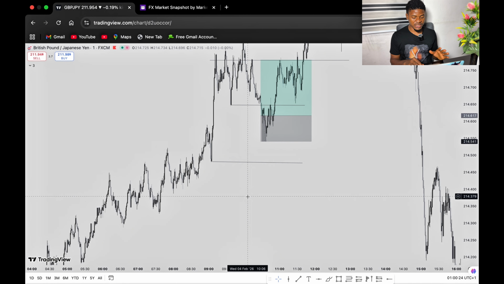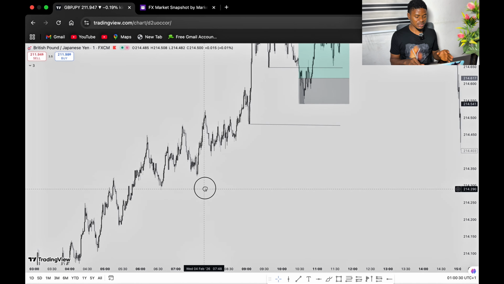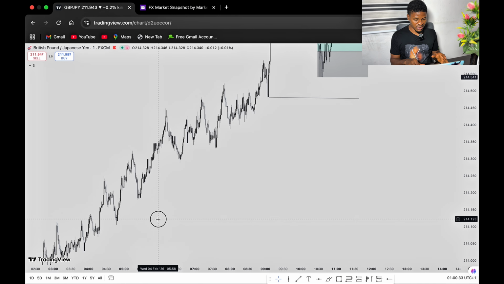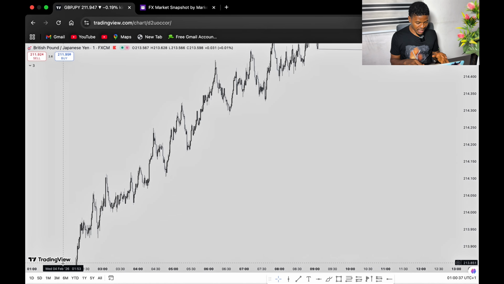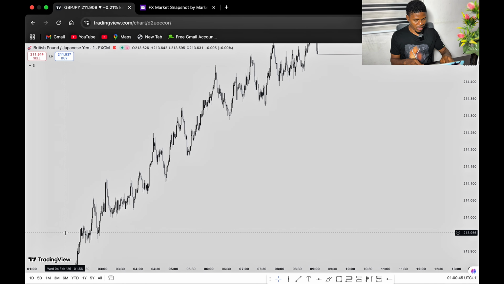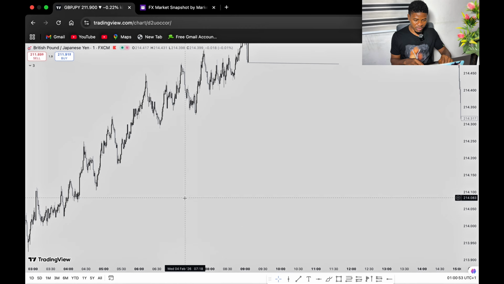We only use the Asian session to determine how the London and New York sessions will play out. In this Asian session, the market was bullish. If you check the timing, the market was bullish on Wednesday, 2, 3, 4 a.m.